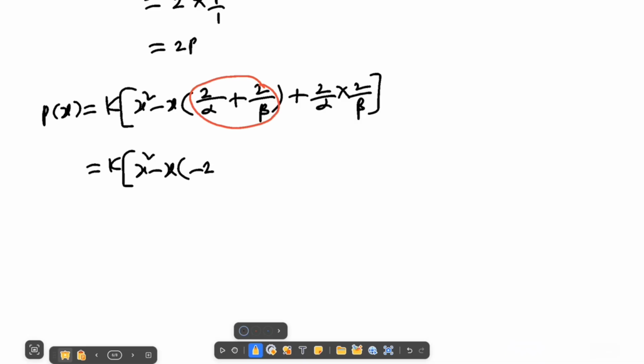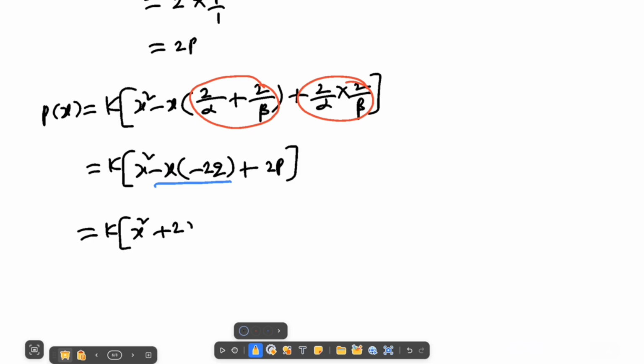So minus 2q, plus the product of zeros, which we have already found, 4p. So now it is equal to k of x square minus x of minus 2q, which will be plus 2qx plus 4p.